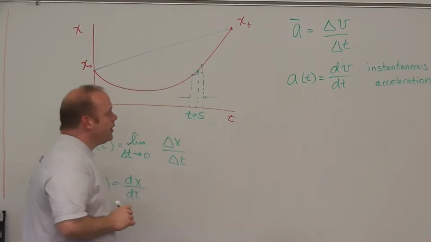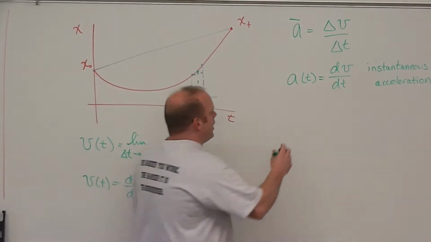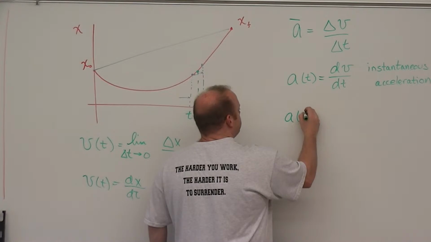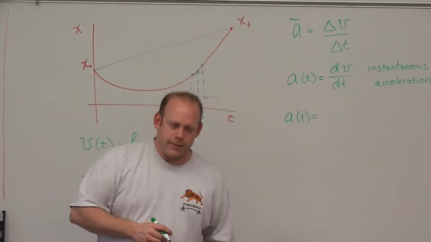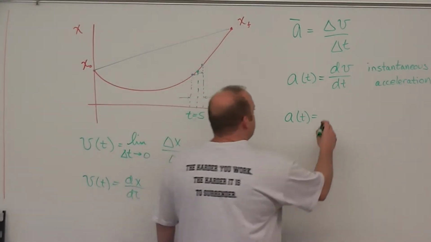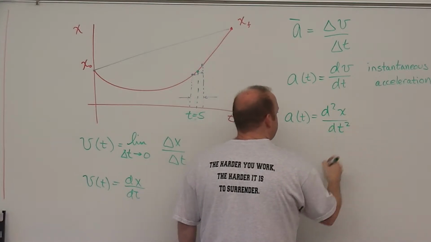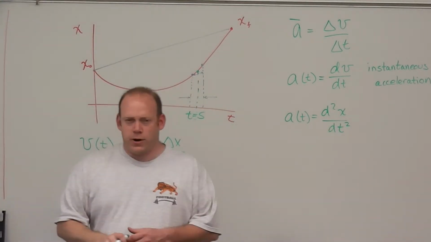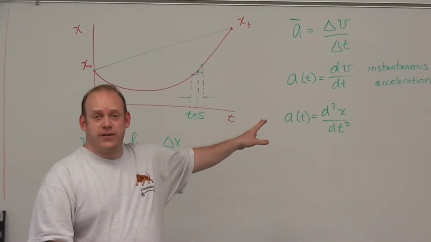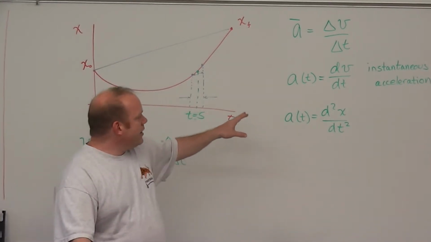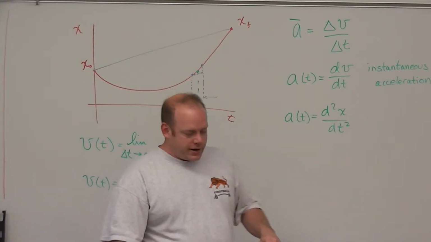Another way to look at this, for those of you who are already calc savvy, and for those of you who are not, don't worry about it, it's not that big a deal right now: it's the second derivative of position. If you're not calc savvy yet, don't worry about it. You will be shortly. Or take a look at the video on calculus. So my instantaneous acceleration is the second derivative of position. It's the first derivative of velocity.